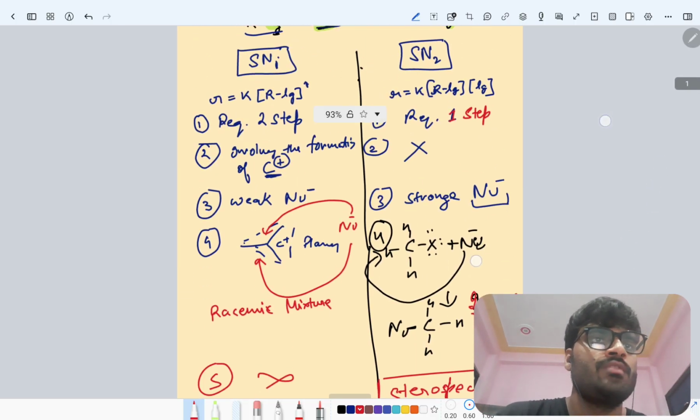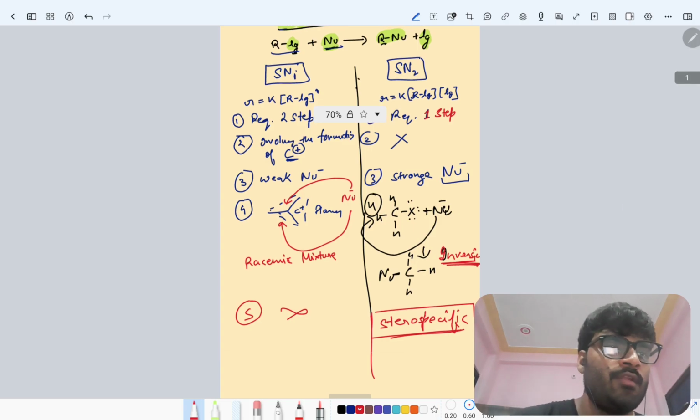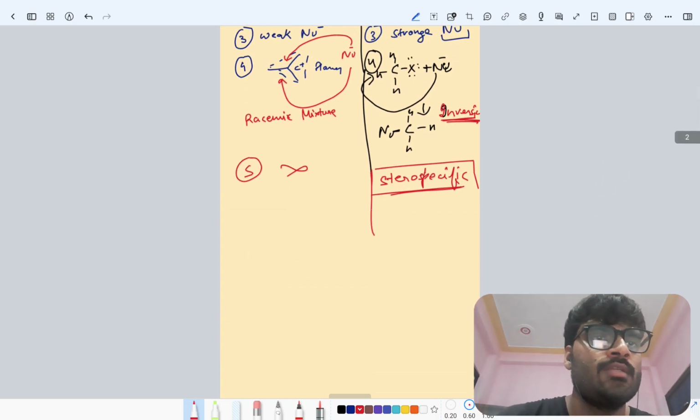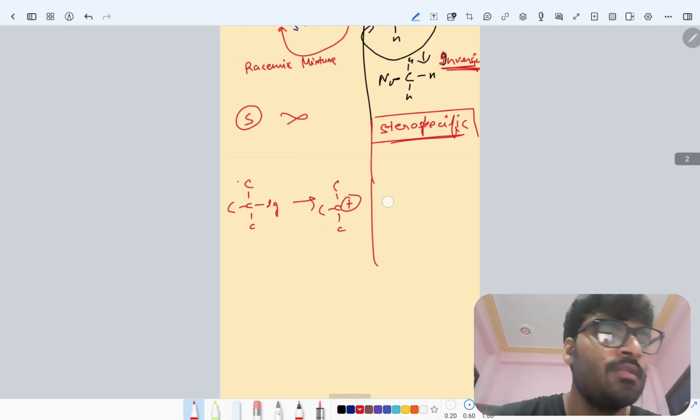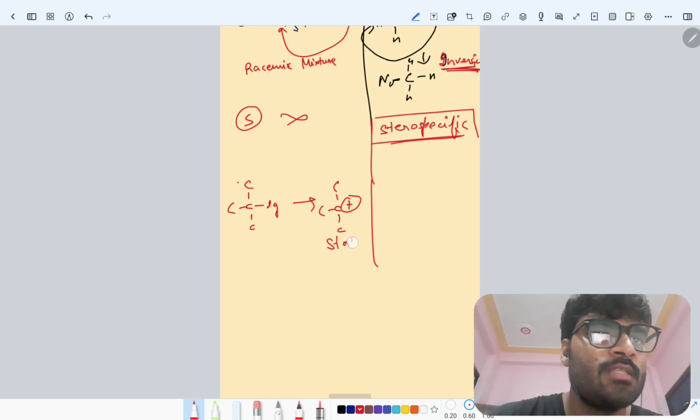If you want to see how SN1 and SN2 happen, let me quickly show you. SN1 involves 2 steps. For example, we have a tertiary carbocation and leaving group here. In the first step, this leaving group will leave. This is carbocation formation. Now this carbocation is obviously stable, so it will be attacked by the nucleophile.